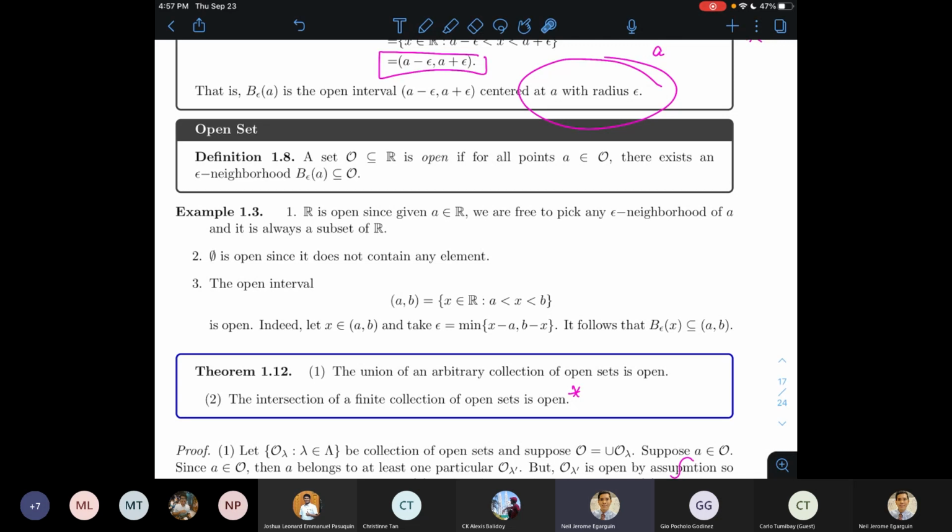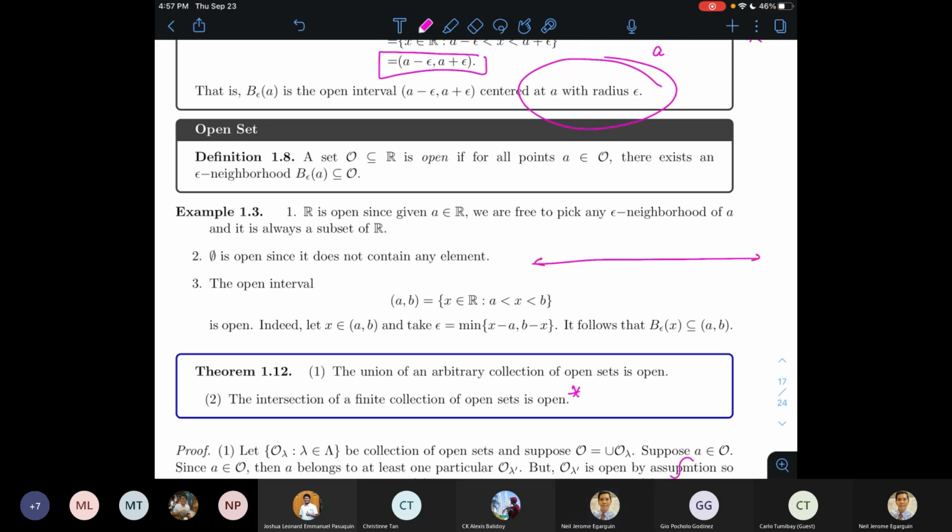Lagi kang may mahanap na epsilon neighborhood na nasa loob ni O. So let me repeat that. Open yung set kapag kumuha ka ng kahit anong member ng set, lagi kang may mahanap na epsilon neighborhood niya that is properly contained in the set.